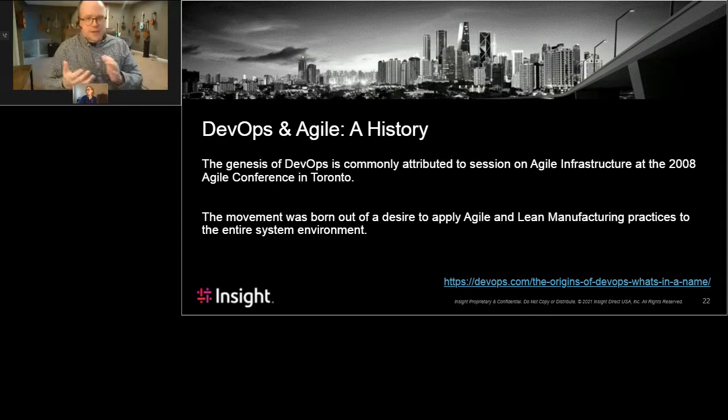The reason I share this is not to give you a history lesson, but just to drive home the point that DevOps is truly born out of Agile, quite literally in that sense. We understood that Agile principles worked really well for software development, and we at least saw the benefits of it pretty easily.